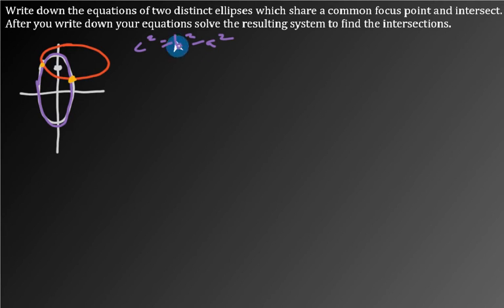And a squared minus b squared is the one for this horizontal ellipse here. All right. So what we basically want to do is come up with some a's and b's that, if you subtract the squares, give you something nice, just so you don't have to deal with weird numbers. So I'm going to do an ellipse centered at the origin like this.